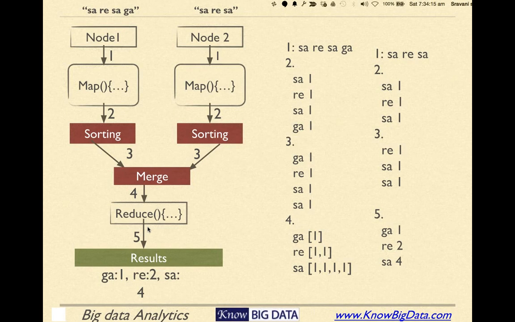To do that, it has to gather all the key values from all the nodes and then sort them and then group them. To group them effectively, sorting was the best technique. Now, question is, why does it need to sort on node 1 or node 2 when it has to again merge and sort?